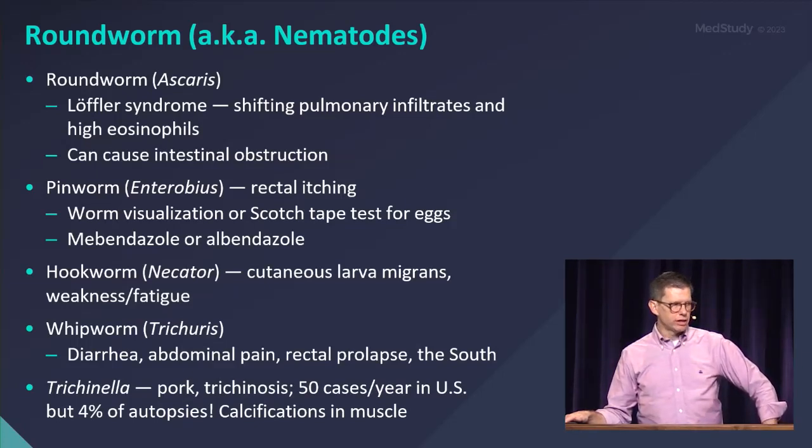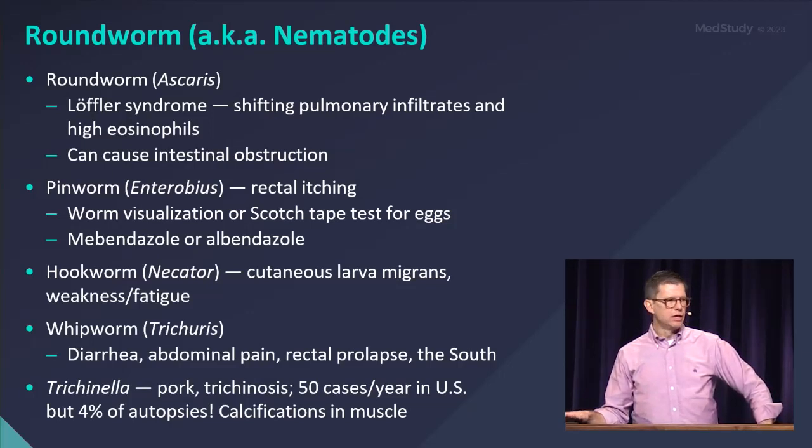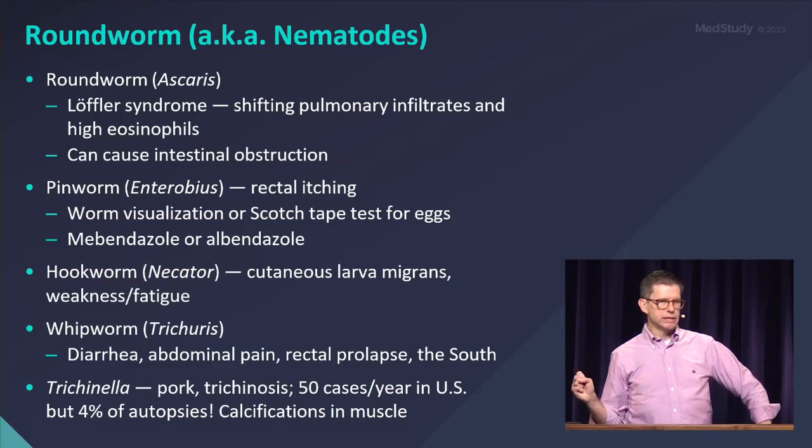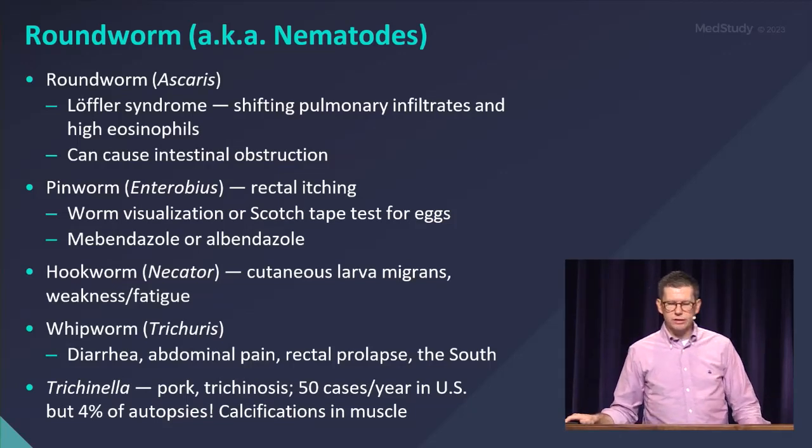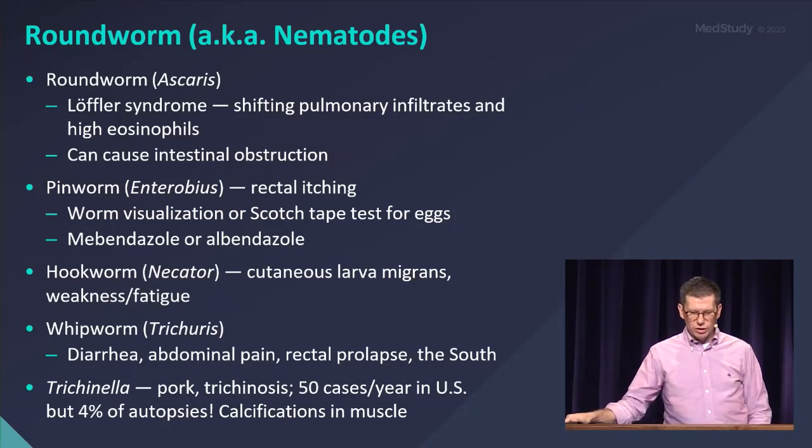For ascaris, you're going to think about Loeffler syndrome, which is the migrating pulmonary infiltrates with a high peripheral eosinophilia, and they can get so voluminous in the intestine to cause obstruction. Pinworm or enterobius is the rectal itching, where you can do a pinworm paddle or a Scotch tape test and treat that with albendazole or mebendazole.